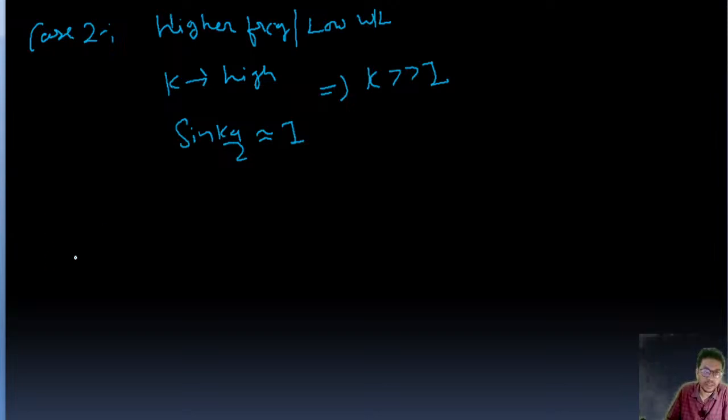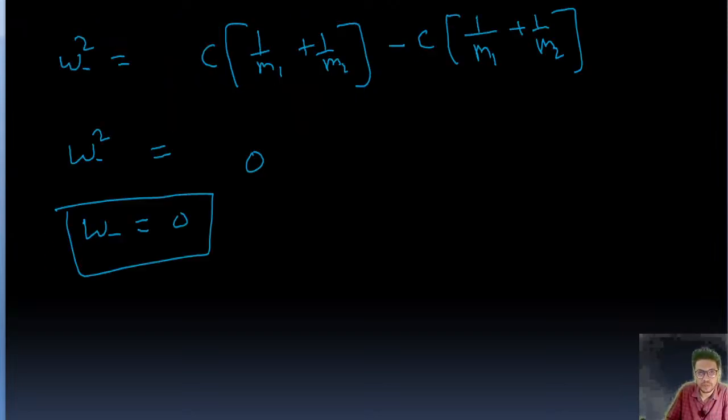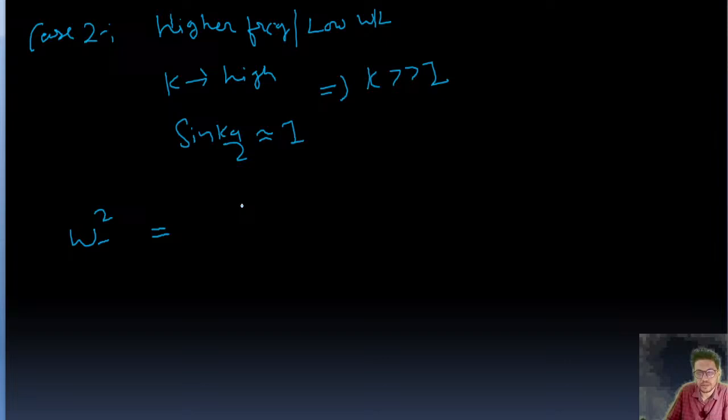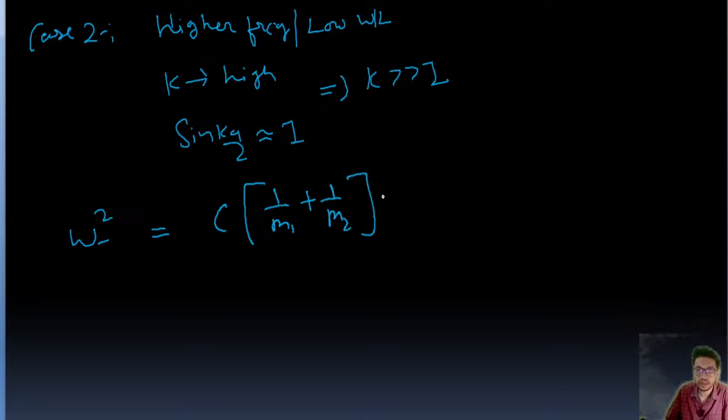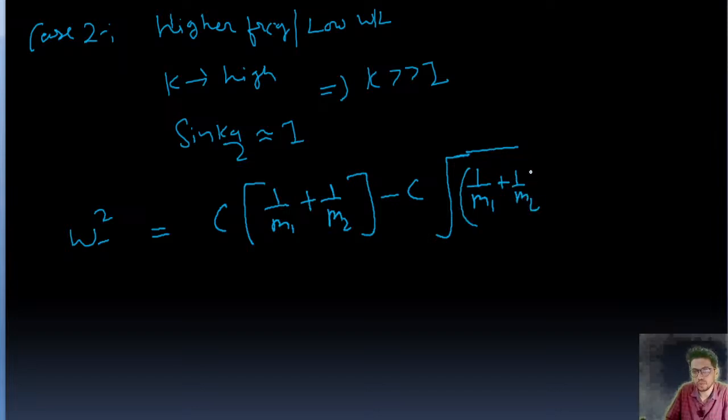Right. So here the omega minus square value, that is for the acoustical branch, is going to be c into 1 upon m1 plus 1 upon m2, minus c root of 1 upon m1 plus 1 upon m2 whole square minus 4 times sine square value, which is 1, upon m1 m2.